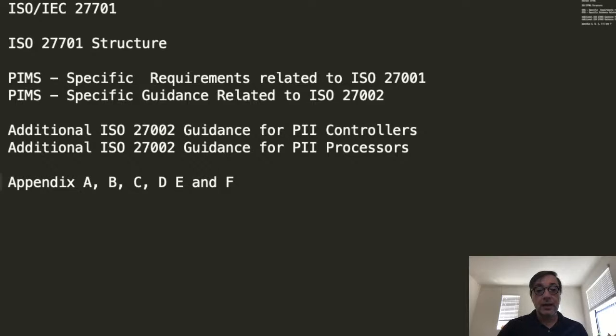That's it. Appendix D is also informative, not normative, as Appendix A and B are. It's the mapping to the GDPR. So this annex gives an indicative mapping between provisions of this document and Articles 5 to 49, except Article 43, of the General Data Protection Regulation of the European Union, and it shows how compliance to the requirements and controls of this document, ISO 27701, can be relevant to fulfill obligations of the GDPR.